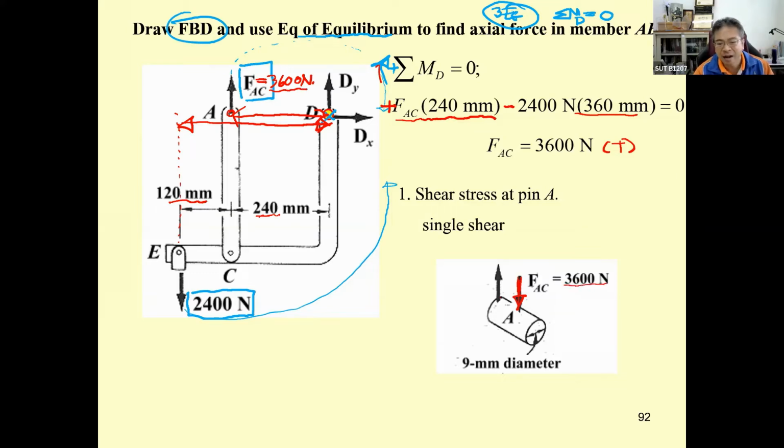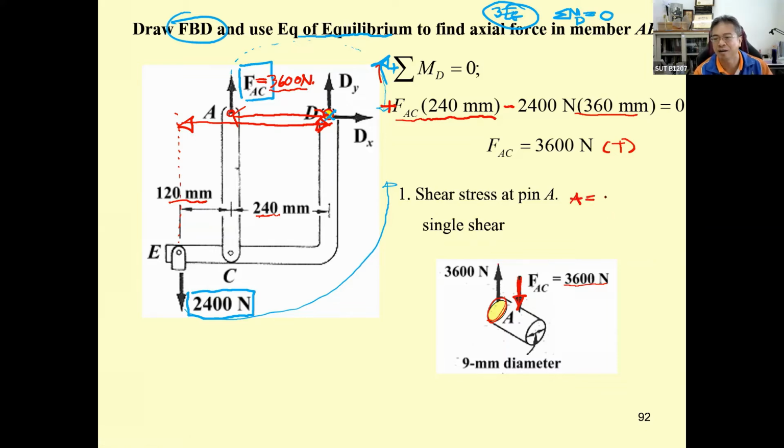And then the bolt attached to the support will produce the shear force. By doing this, the shear force over here is going to be 3,600 Newton.